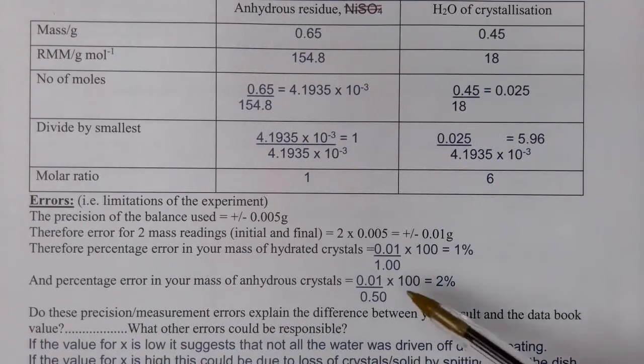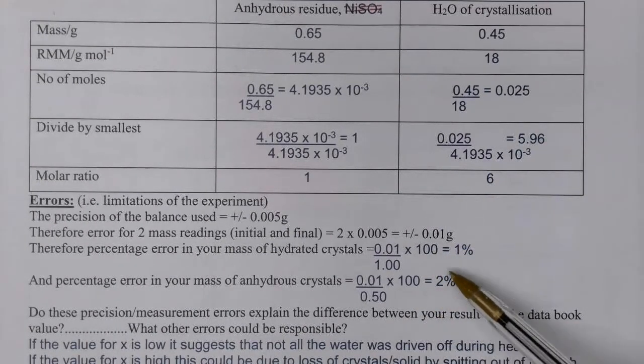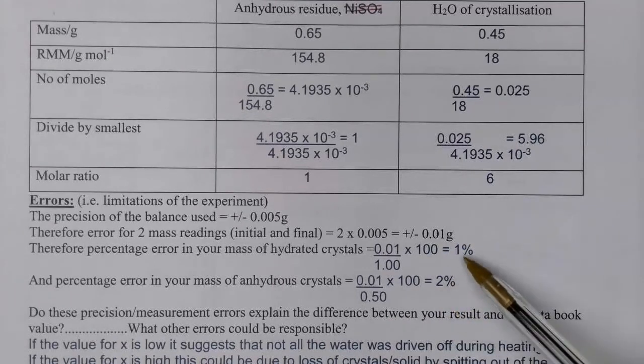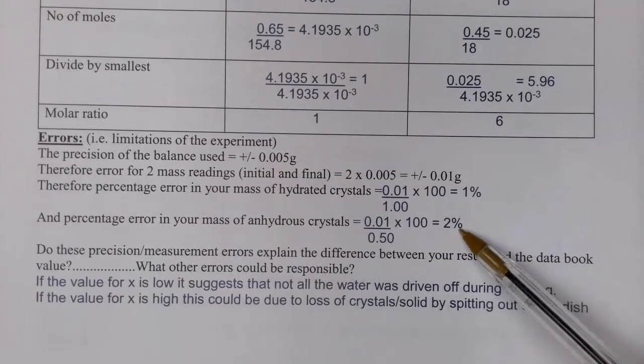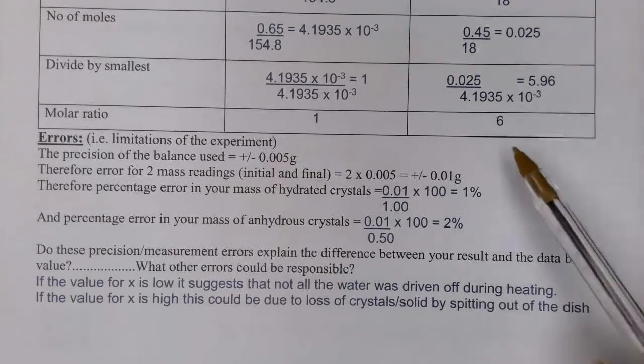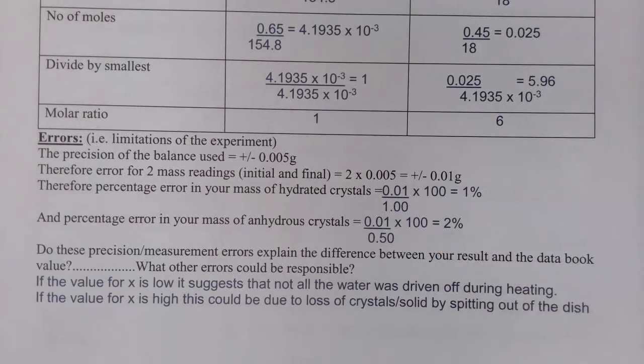I can work out the errors of my equipment and they're quite low, so it's unlikely to be a measurement error that is the problem. So the measurement errors don't actually provide me with enough difference between my data and the data book to account for the error.